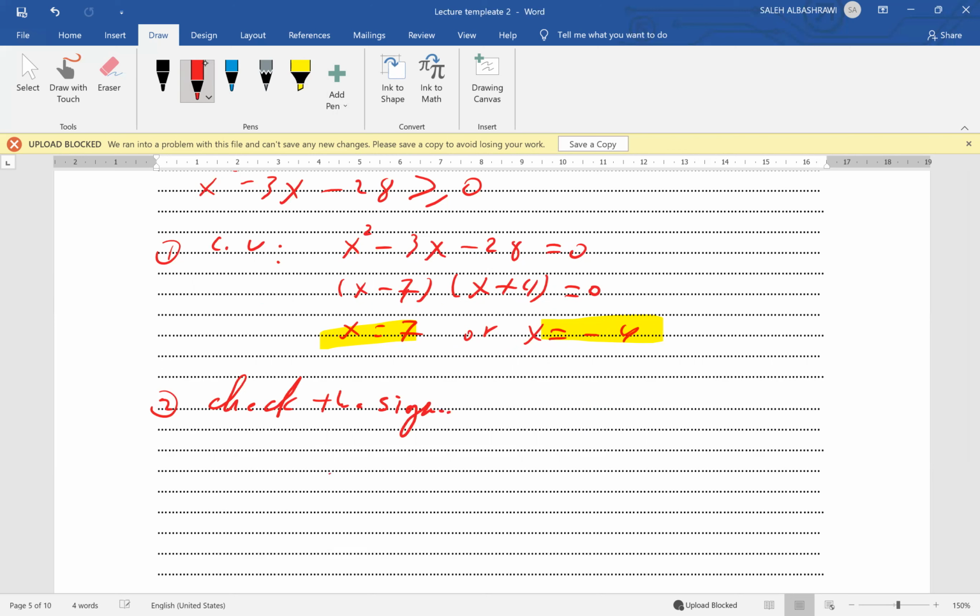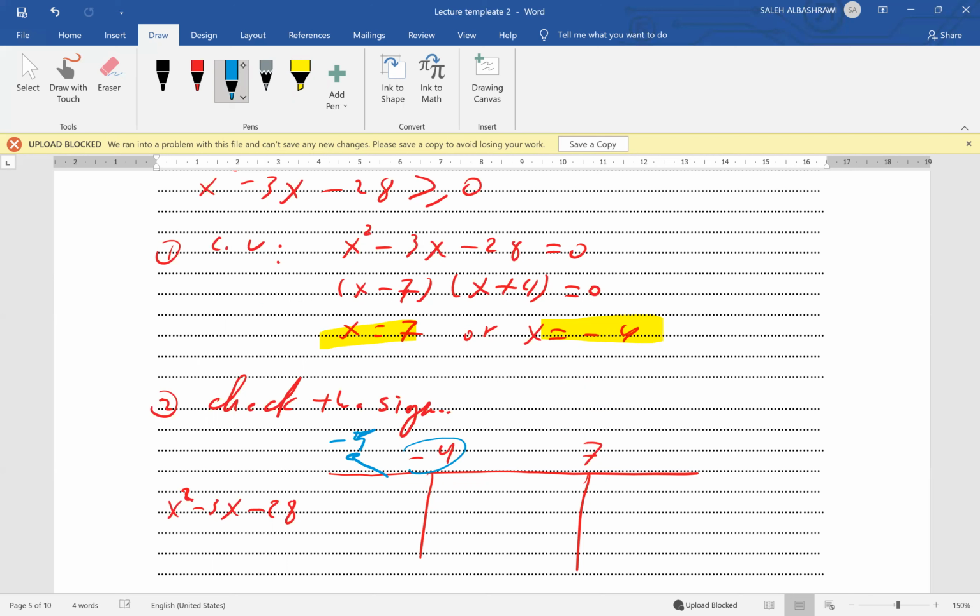I have minus 4 and 7. And the inequality I have is x squared minus 3x minus 28. So to pick the testing value less than minus 4, in this interval I will choose minus 5. I need a number less than minus 4. It is minus 5.